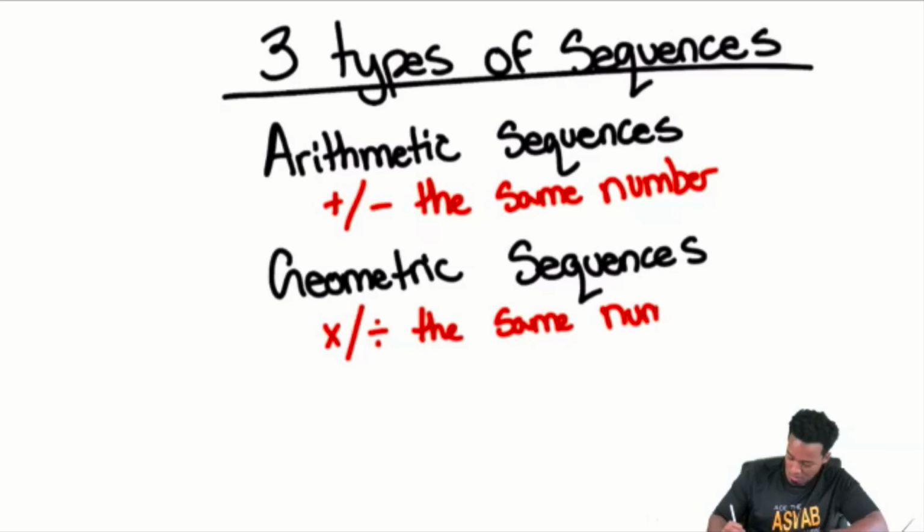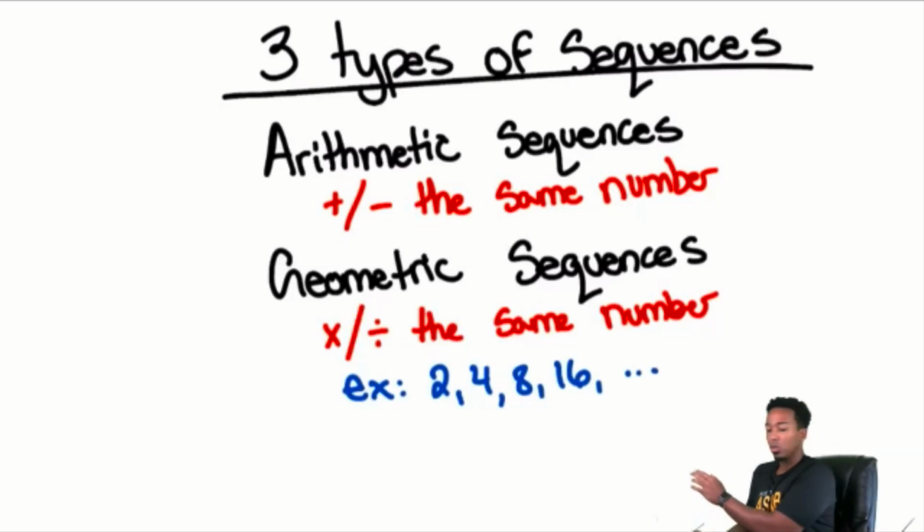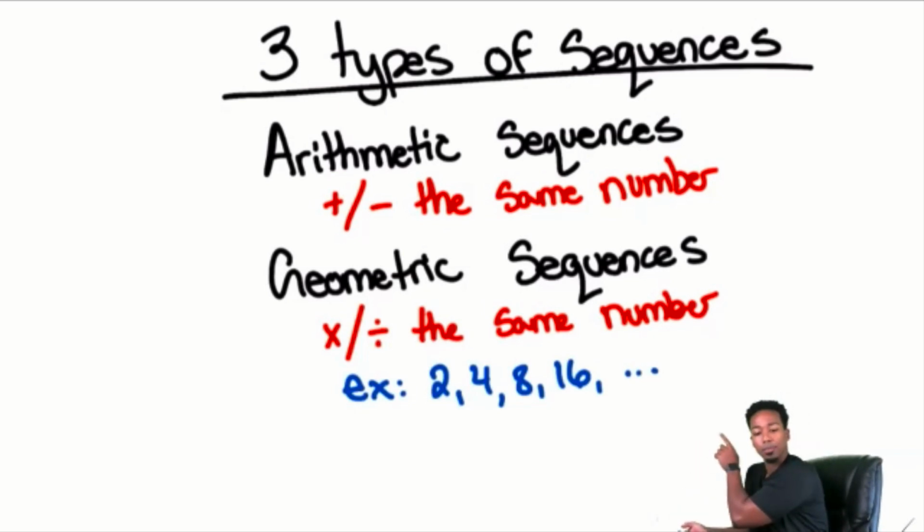The same number. And so an example, I'll go ahead and give one here. An example would be 2, 4, 8, 16. So everybody, do we notice here that if we look at the geometric sequence right here, 2, 4, 8, 16, notice that we cannot add the same number here.